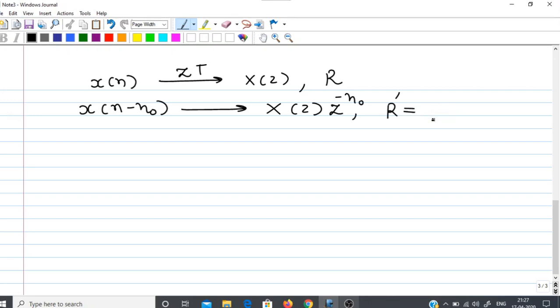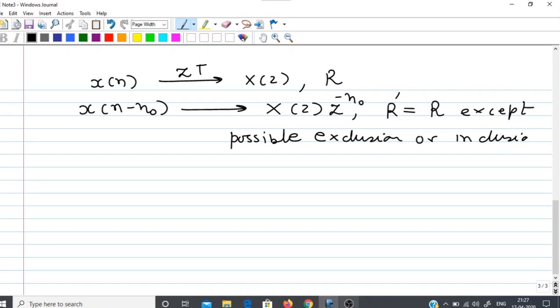Now why am I saying it is almost R? Let me write: R dash is R except possible exclusion or inclusion of z equals 0 or z tending to infinity. What does it mean?